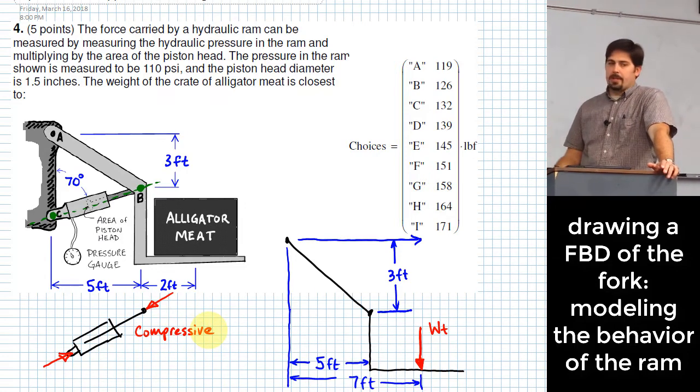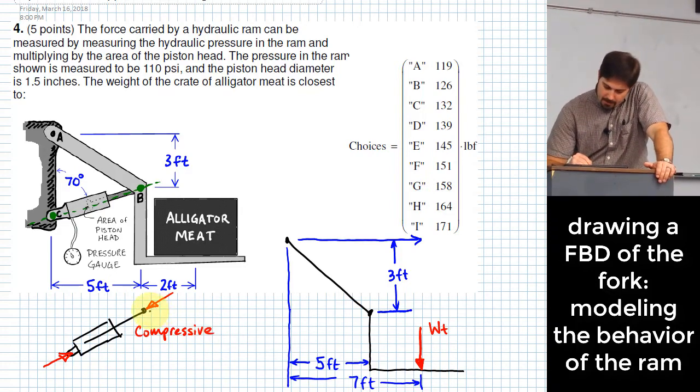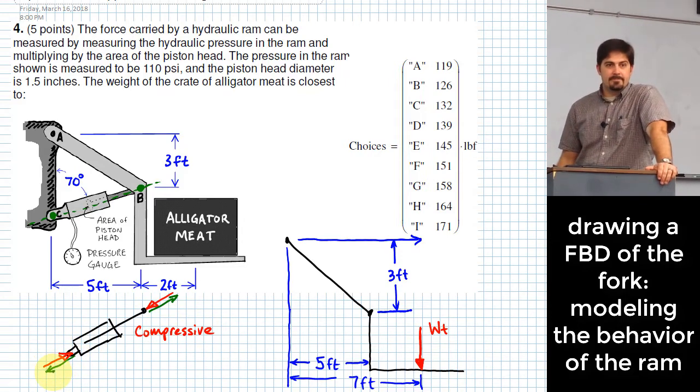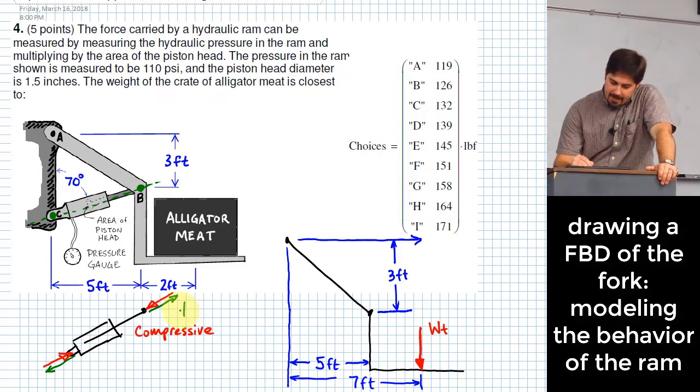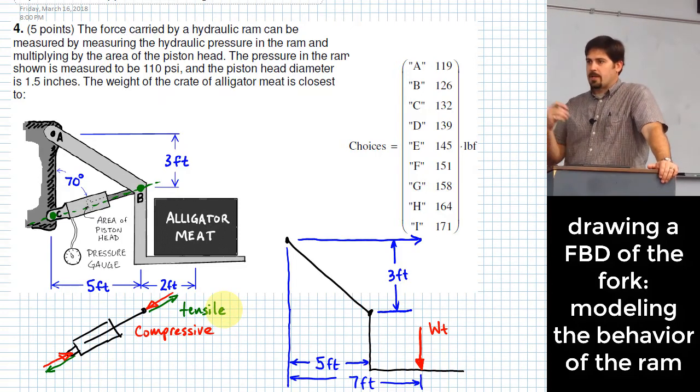What's the other possibility? Okay, the other possibility is there could be forces that tend to try to make it longer. And what's that? Tensile is the word that we usually use for that, something that tends to try to take something and make it longer.